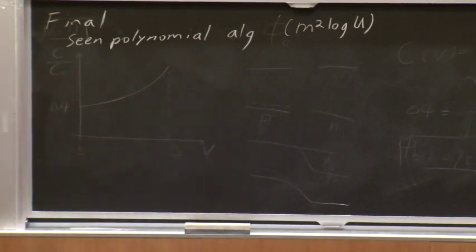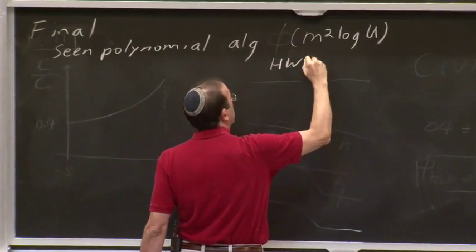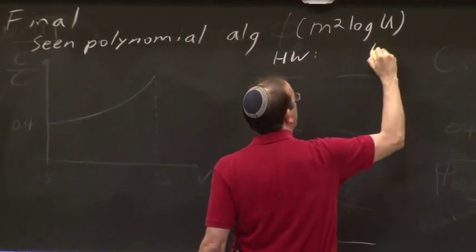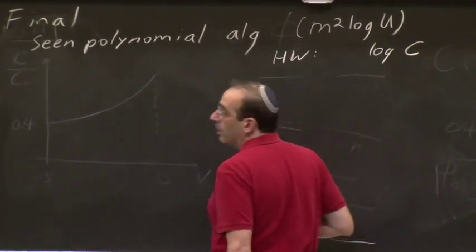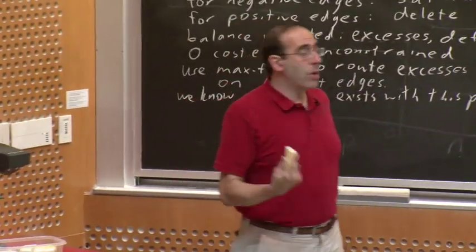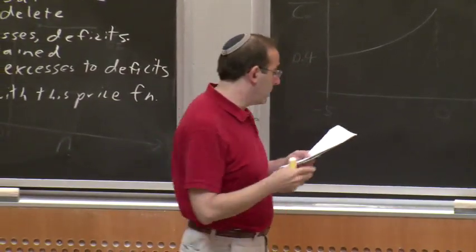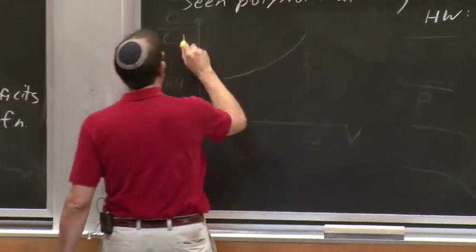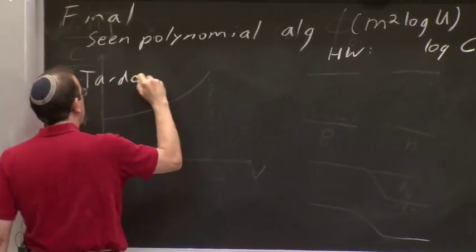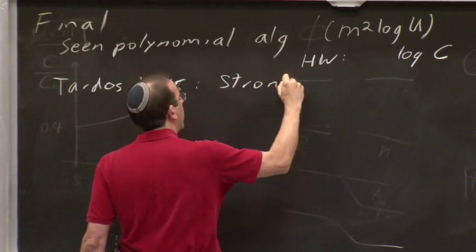And in your homework, you're going to see something with a log C dependence, and actually a worse time bound, but at least it's strongly polynomial in U, even if it has to sacrifice polynomiality in C. Now, Tardos, in 1985, gave the first strongly polynomial algorithm.